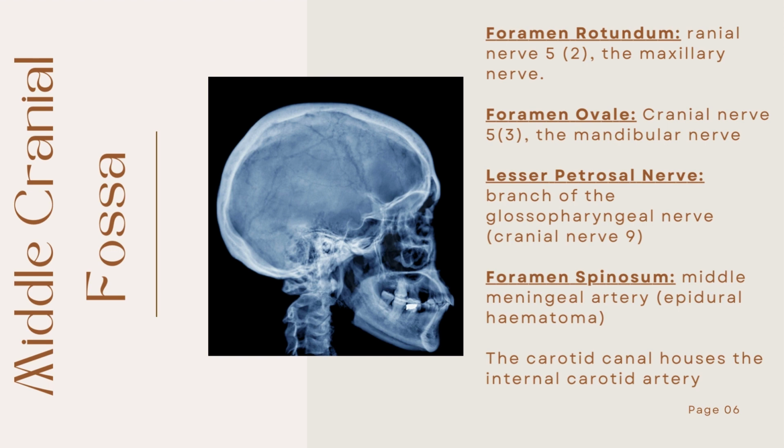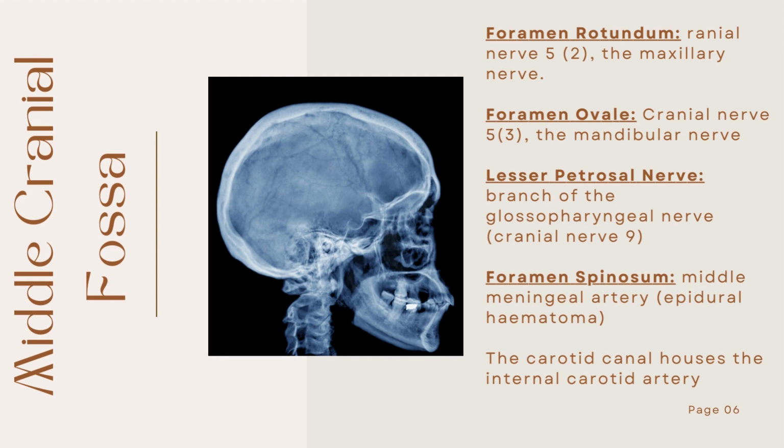So the bones are frontal, parietal, temporal, and sphenoid bone. So they join over there, and it's a weak part of it. And often, in exam questions especially, they say there's been a trauma to the side of the head. That's often an injury to the middle meningeal artery, and that often leads to epidural hematoma.